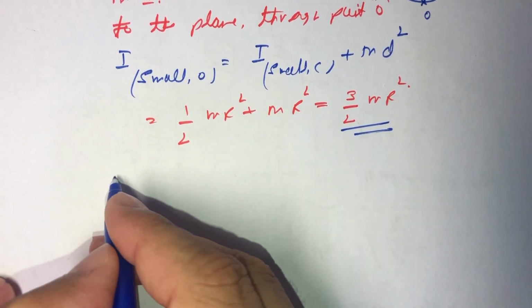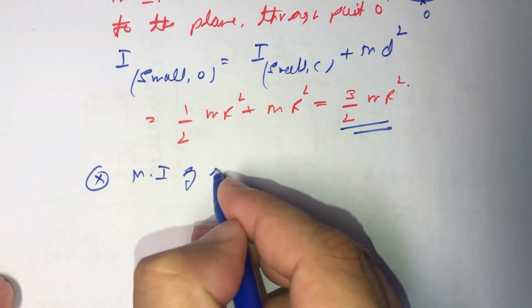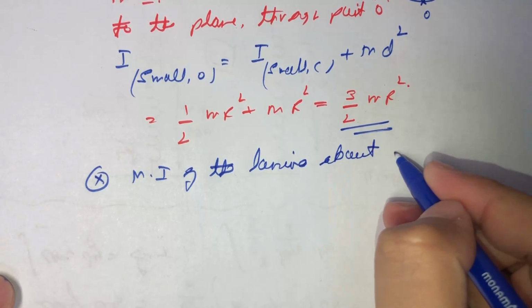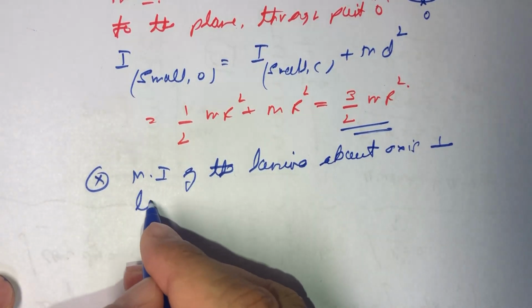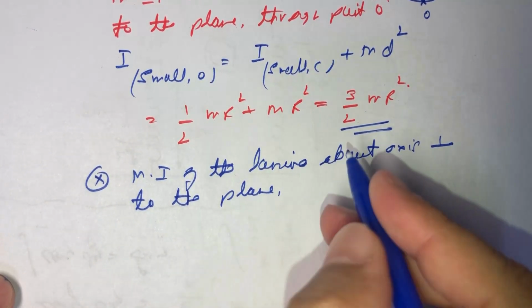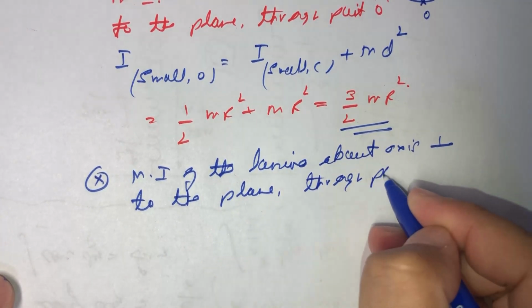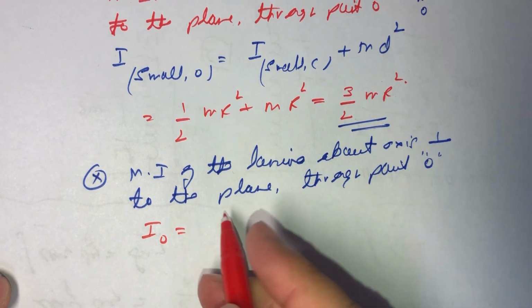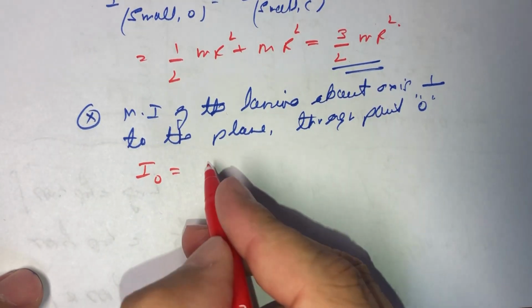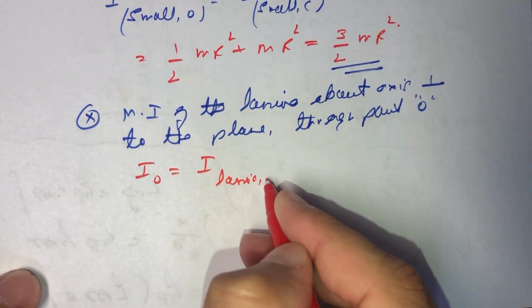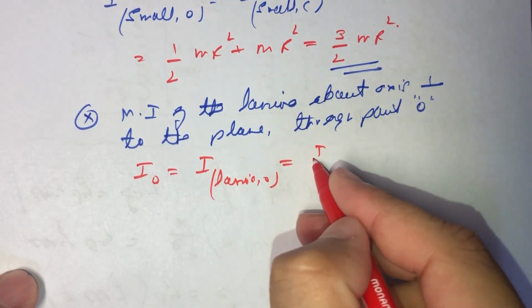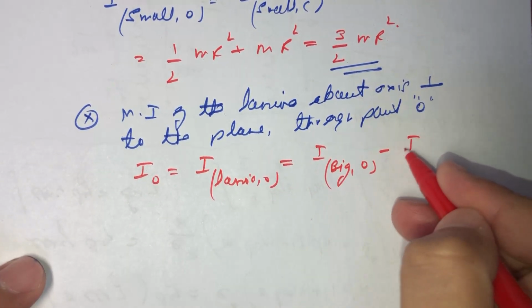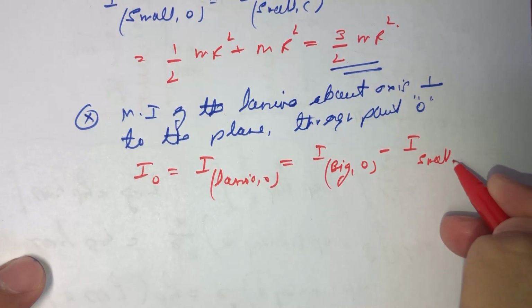So we can say the moment of inertia of the lamina about the axis perpendicular to the plane through point O, which is given to us as I naught, will be equal to the moment of inertia of the big disk with respect to point O minus the moment of inertia of the small disk through point O.